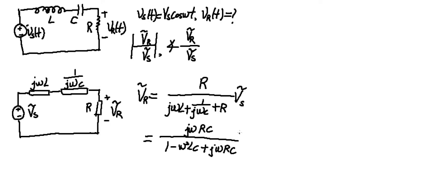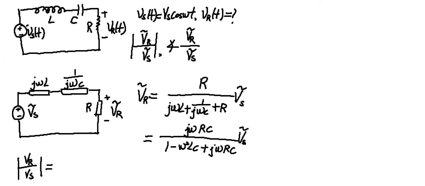In the following, we would like to discuss the magnitude ratio and the phase. First of all, let's look at the magnitude. We can calculate the magnitude by calculating the magnitude of the numerator and the magnitude of the denominator, and then taking the division.